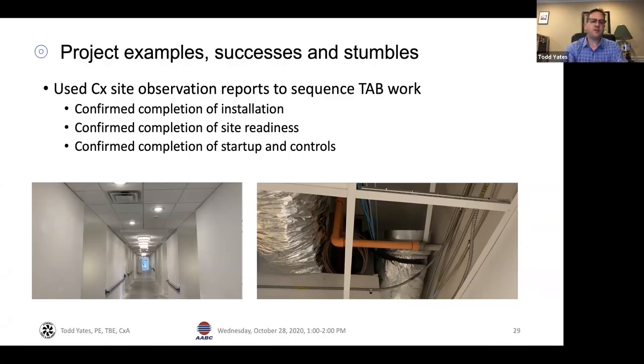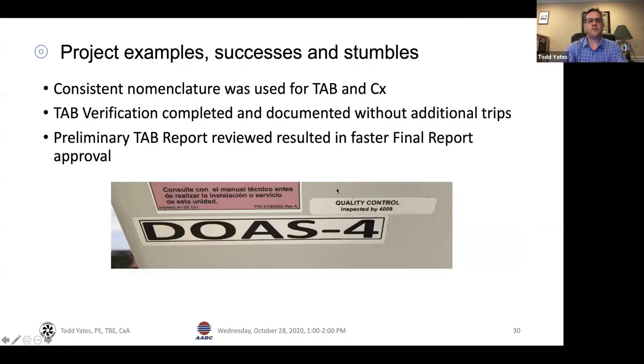And if you're working with a good commissioning provider, you're going to do much better than that. And you're not going to be on the project when things aren't ready to run.